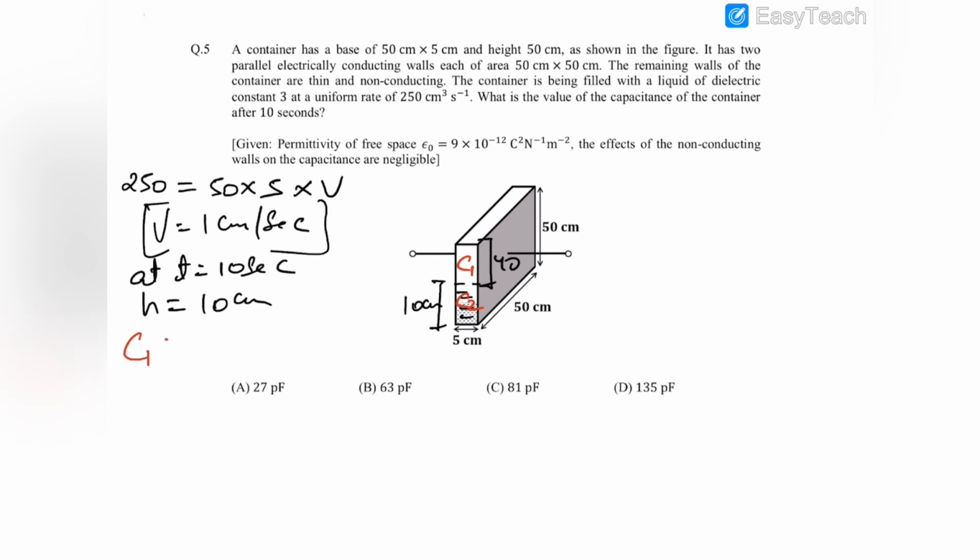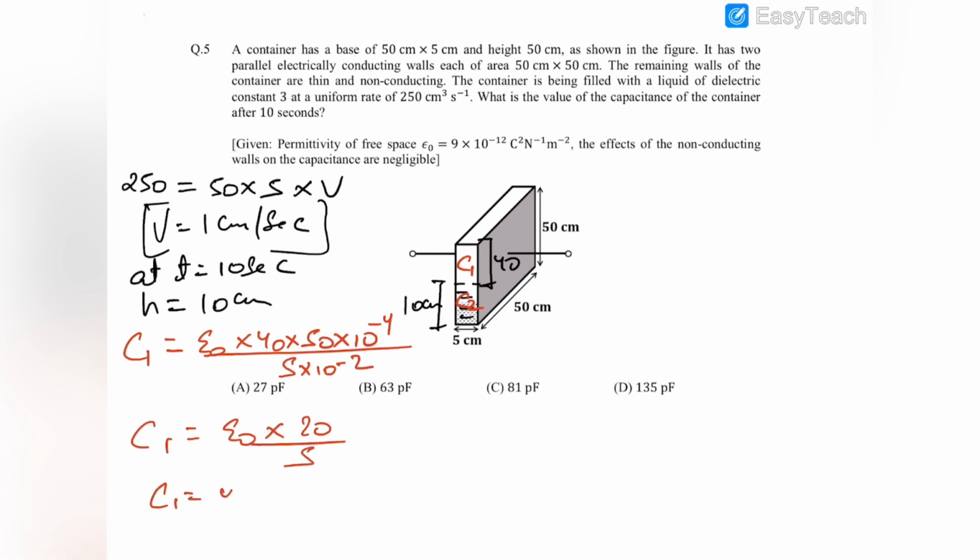So the value of C1 would be epsilon naught A. Now the area of this one would be 40 into 50 into 10 raised to power minus 4 because these both are in centimeters, and divided by the d, which is 5 into 10 raised to power minus 2. Okay, so C1 would be epsilon naught into 20 divided by 5. So C1 would be 4 epsilon naught.